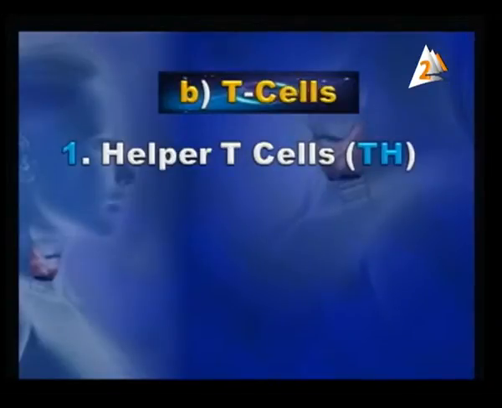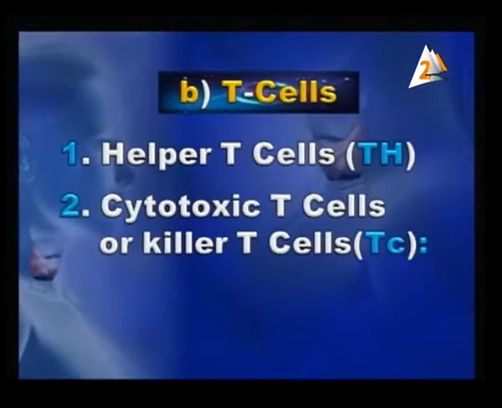The cytotoxic T cells, the second type of T cells, or killer T cells, symbolized by TC, attack foreign cells, where they kill carcinogenic cells, the transplanted organs, and the body cells infected with viruses.